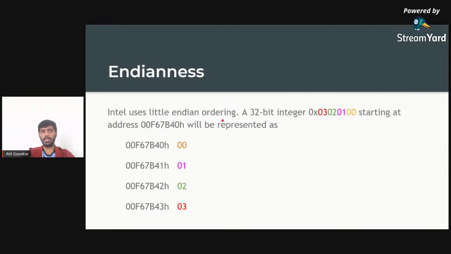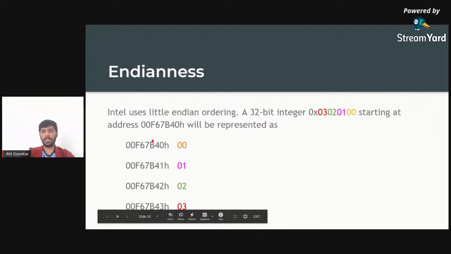Since Intel uses little endian ordering, it will be reversed in 32 bits. So 00 will be the first to be stored at this address, the next address will contain 01, the next 02, and the next 03. That is what I have represented. The left hand side are the addresses at which this data is stored.